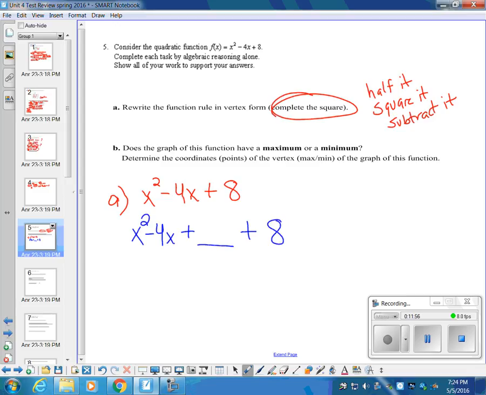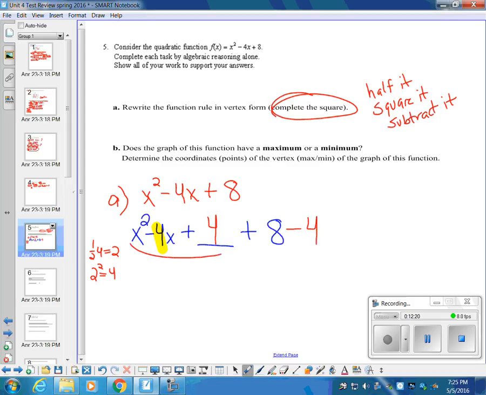Now we have to half it, square it, and subtract it. So we're halving the 4. Half of 4 is 2. 2 squared is 4. So 4 goes here and then subtract it.